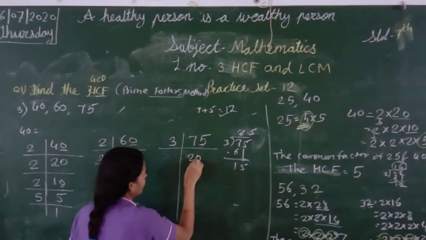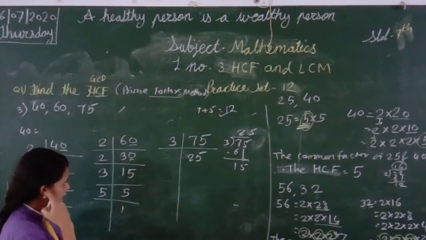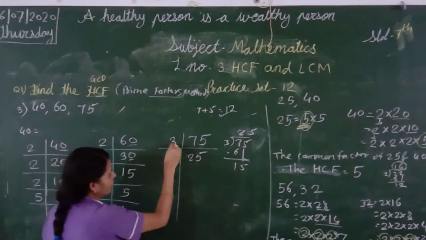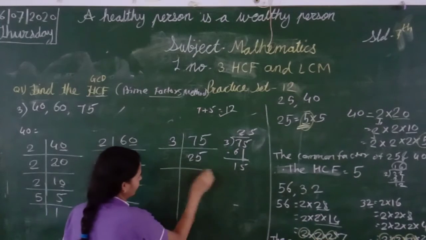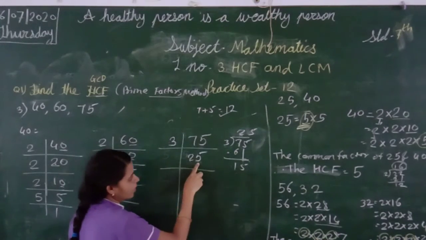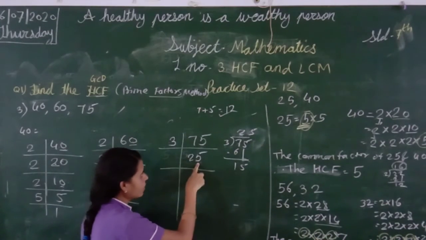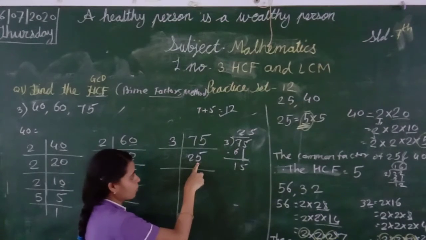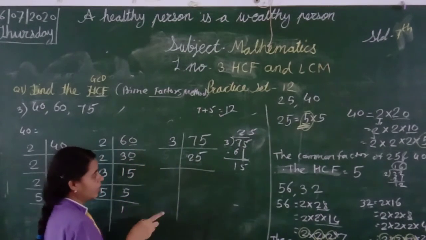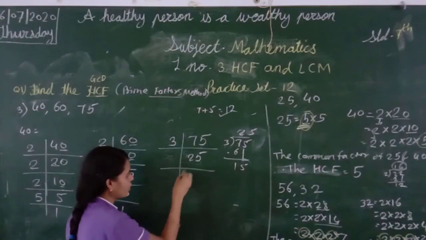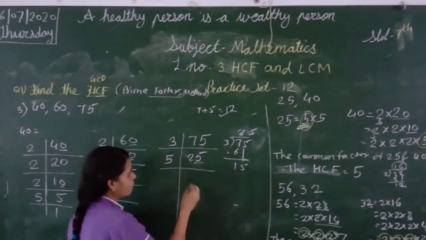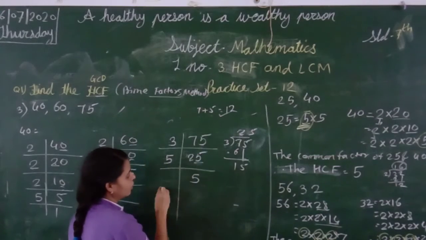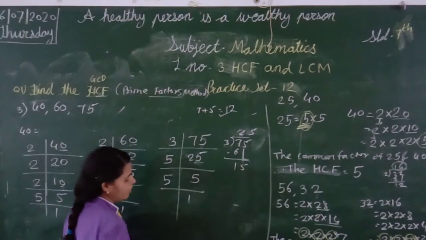This how much? The quotient is 25. Okay, 25 is 75. Again check. 2 plus 5, 7. 7 is not in the table of 3. So we will not take 3 here. Okay, so 5. The unit place is 5, so we will divide it by 5. 5 5s are 25 and 5 1s are 5.